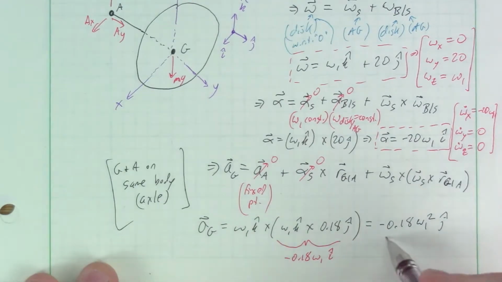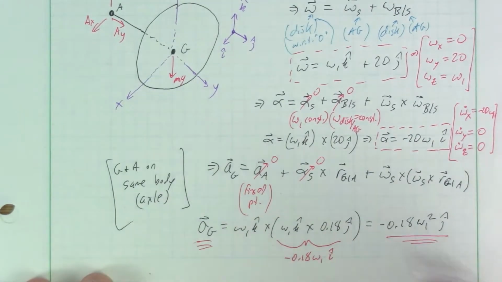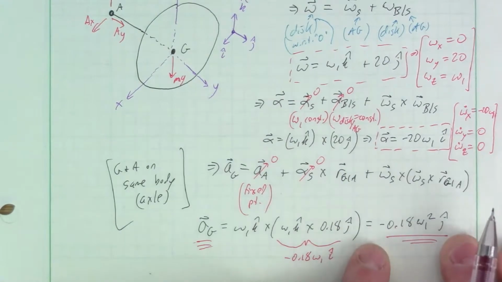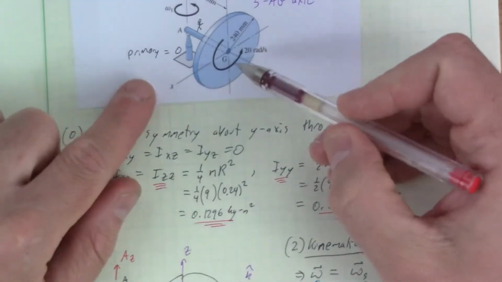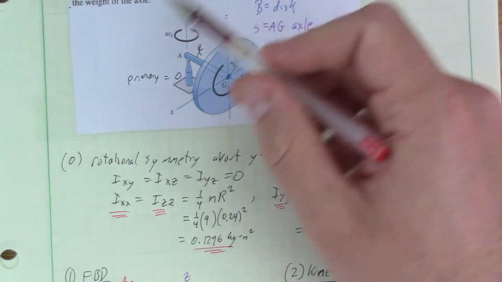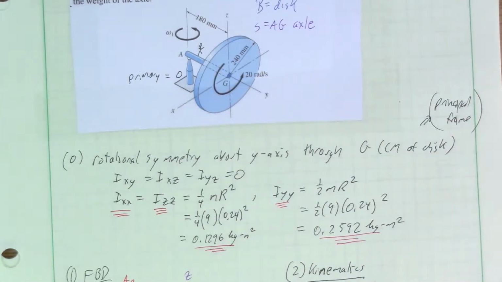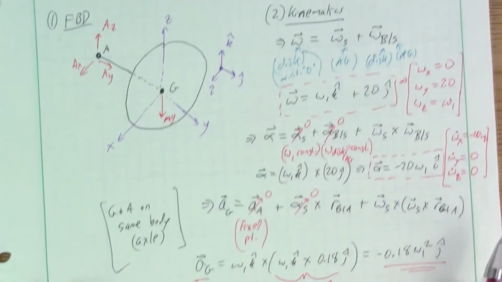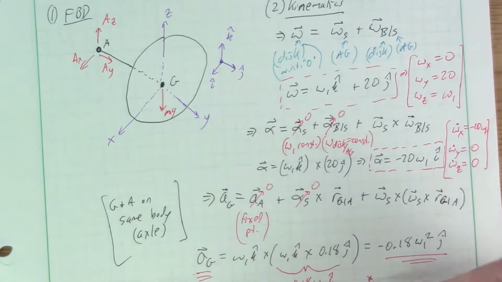Okay, now that I got over my confusion, why is it negative? Well, it's negative because the acceleration is always inward to keep G in uniform circular motion about point A. So let's make this a little comment.